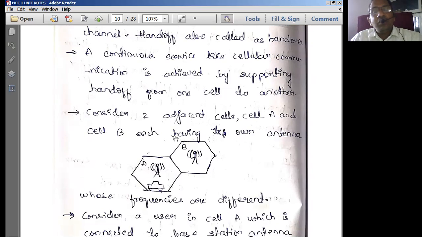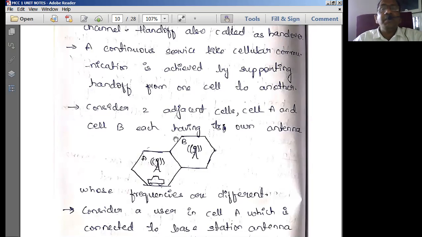Until your mobile is in the Telangana zone, the billing is the same for the whole Telangana zone coverage. Therefore, the user should not get a feel that he is crossing from one state to another. That is what is simply called the process of handoff.